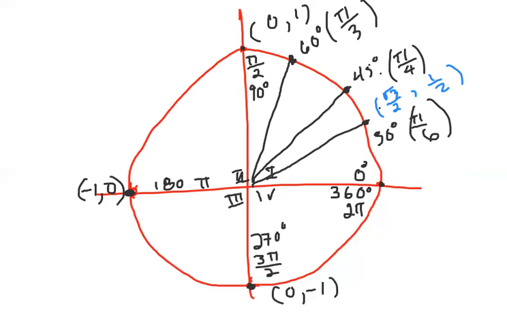That means the cosine of 30 degrees, or cosine of pi over 6, is going to be radical 3 over 2, and it's positive because we're in the first quadrant. And then the sine of 30 degrees, or sine of pi over 6, is going to be 1/2.